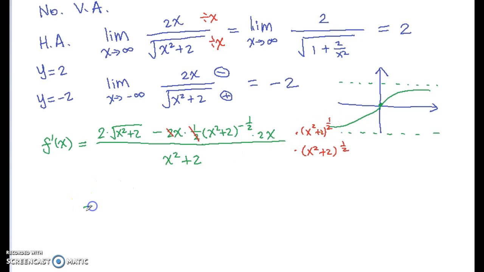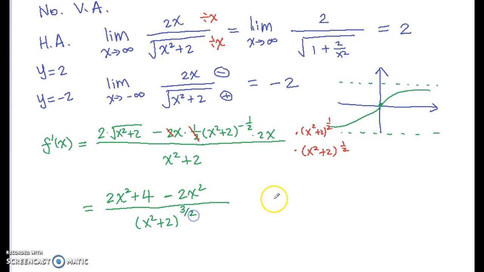Okay, so we get, for the first term, just 2 times (x squared plus 2) times 2, which is 4. Then we subtract, well, this cancels out, so what is left is just x times 2x, so it's 2x squared, divided by (x squared plus 2) to the 1 plus 1/2, 3 over 2 power.